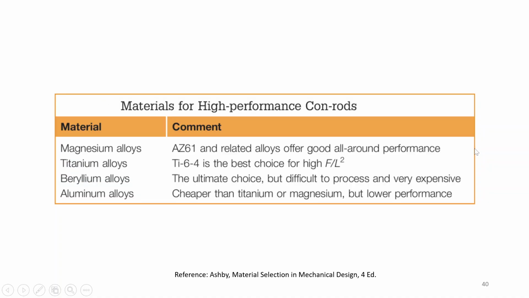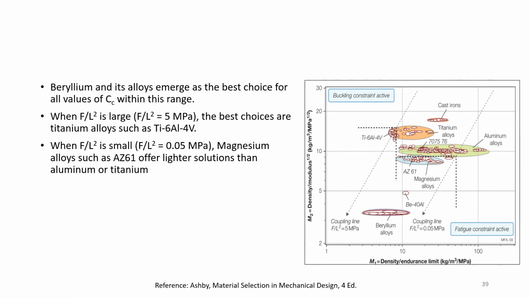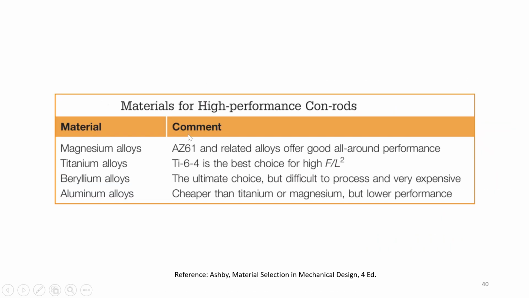In titanium alloys, you have Ti 6, as I told earlier, titanium 6 aluminum 4 vanadium is the best choice for high F upon L square. And beryllium alloys are the ultimate choice but difficult to process and very expensive. Aluminum alloys are cheaper than titanium and magnesium, but they offer lower performance compared to these.